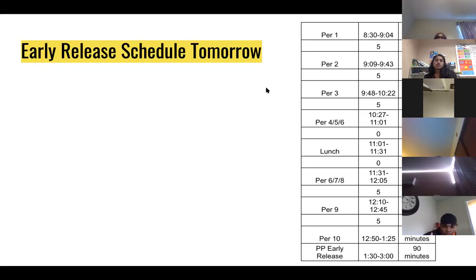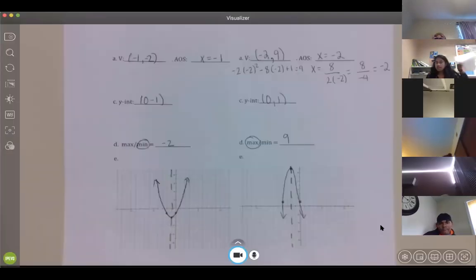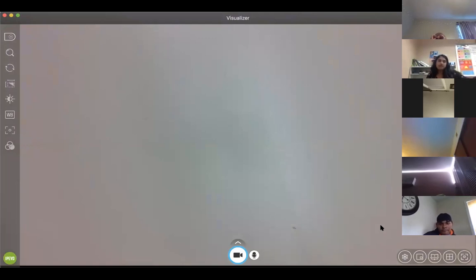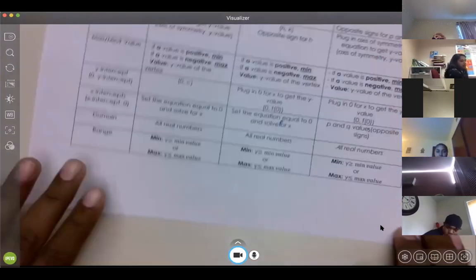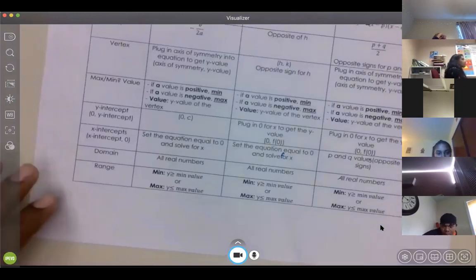Okay, let's go ahead and get started with today's notes then. There are 2 pieces of paper that I put up on Canvas for you. One was the Graphing Quadratics cheat sheet. That's going to be really helpful for you because this unit has a lot of formulas and information, and sometimes it's hard to memorize all of that. I don't expect you to memorize it, but you should be able to easily find it. This cheat sheet goes over all of the different formats that we'll talk about for quadratic equations.